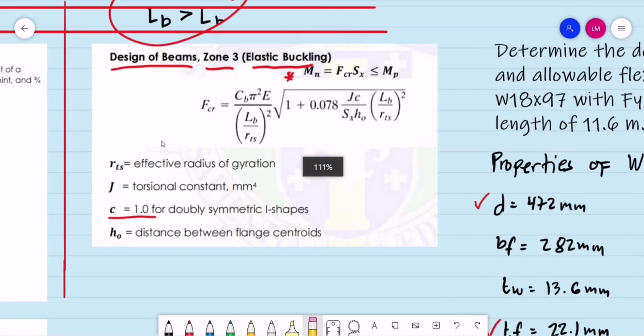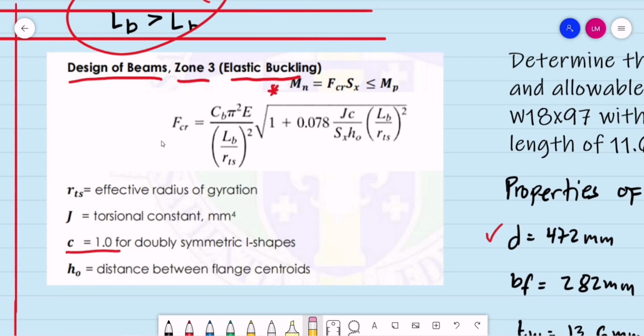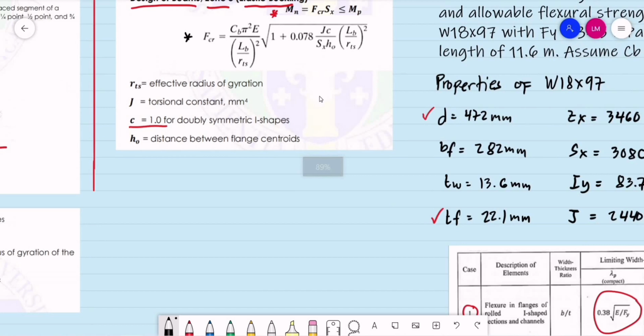So we are now ready to compute for the F sub CR. For the value of the F sub CR, we have that as the F sub CR is equal to, again, the value of our C sub B is equal to 1.0 multiplied by pi squared, then 200,000 megapascals for the value of E. Then divided by the unbraced length, 11,600 millimeters.